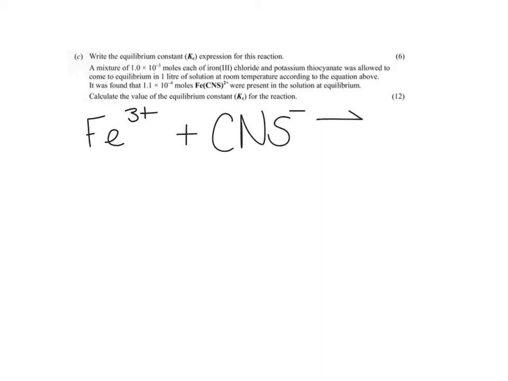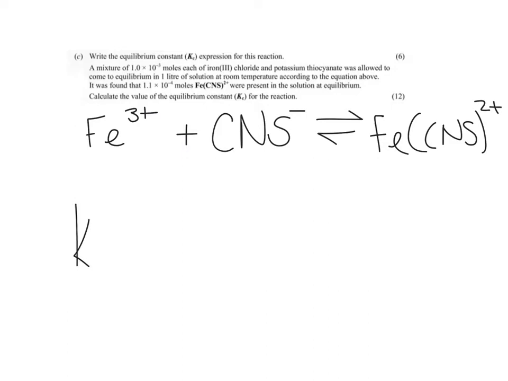So guys, I've just taken a screenshot of the part of the question that I'm concerned with today, and the first part is to write KC for the equation. So the equation is Fe3+ plus CNS- reversible arrows FeCNS2+.